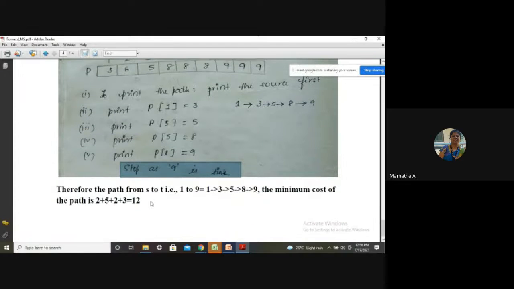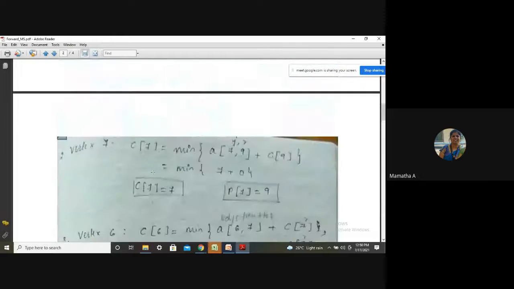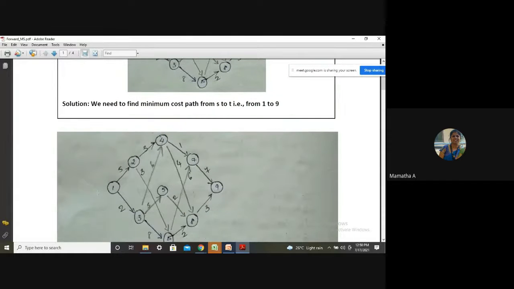Therefore, the path for reaching from S to T, that is 1 to 9, will be 1, 3, 5, 8, 9, wherein the path length is 12. You can see in the figure 1, 3, 5, 8, 9. 1 to 3 is 2, 3 to 5 is 5, so 7. 5 to 8 is 2, so 9. 9 plus 3 is 12.